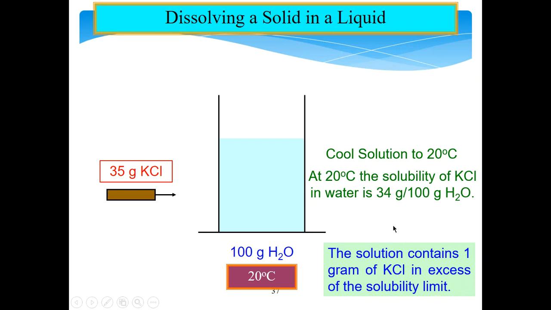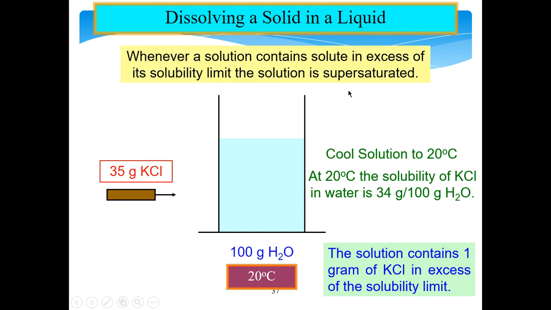All right? Now, that is a highly unstable situation. In fact, we call this type of solution a supersaturated solution, right? A supersaturated solution is one that contains a solute in excess of the solubility limit of the solution.